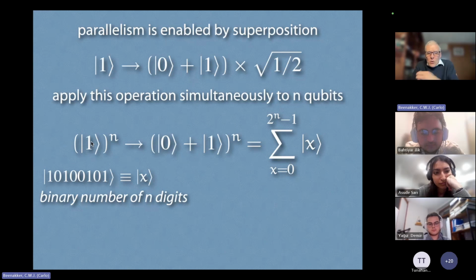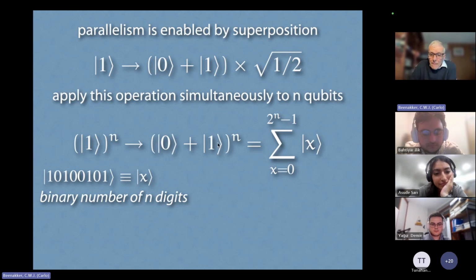Remember? So imagine working out this product. Then you get a string of zeros and ones, and the string of zeros and ones is actually a binary number. Here I wrote down one example of such a string, 101001101. It's a binary number.